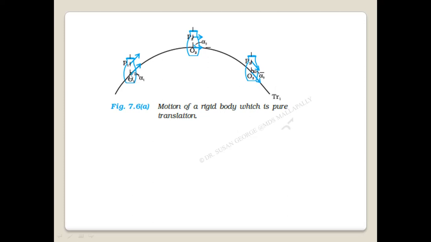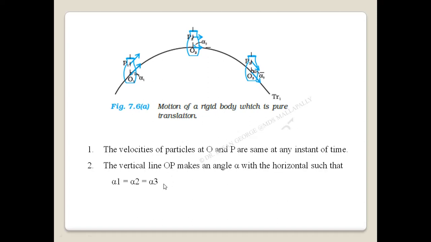Next we can see the angle between this vertical line OP and the horizontal. Here it is represented by alpha 1, here by alpha 2, and in the third instant by alpha 3. When you observe, you can make out that alpha 1, alpha 2 and alpha 3 are equal.